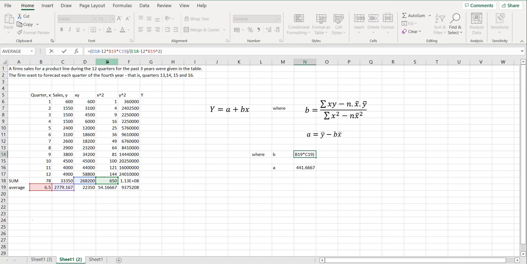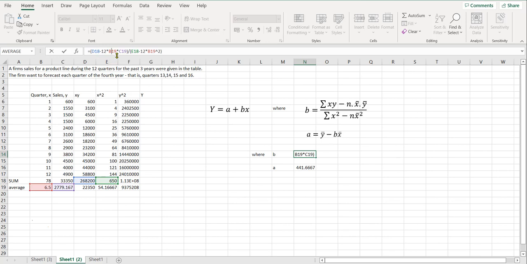So xy is the value of D18 minus n. And how much is n? n is 12, from 1 until 12.